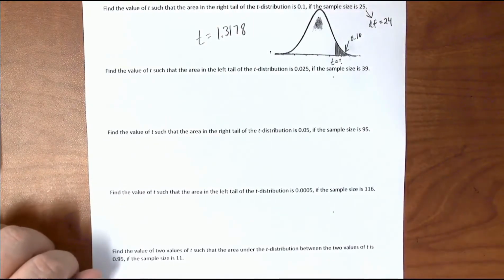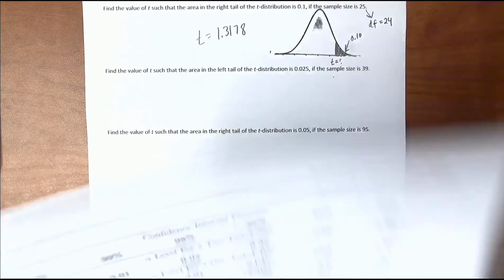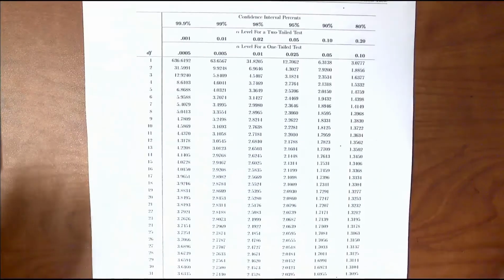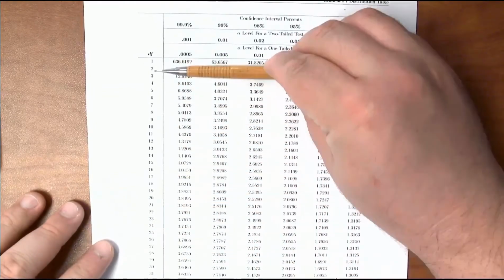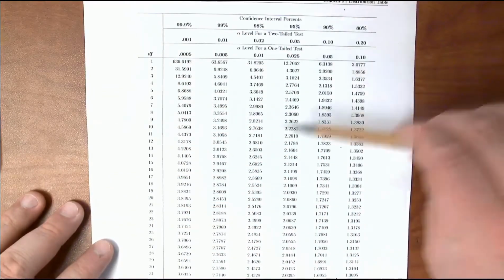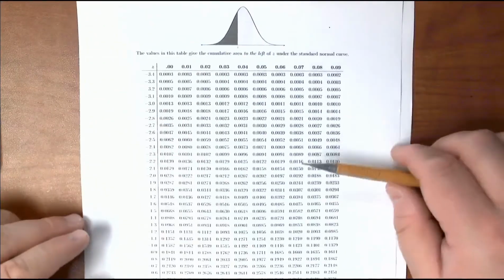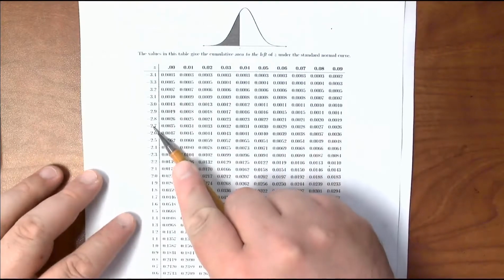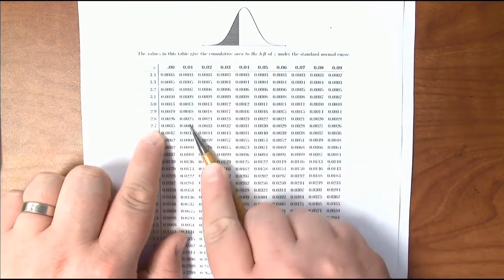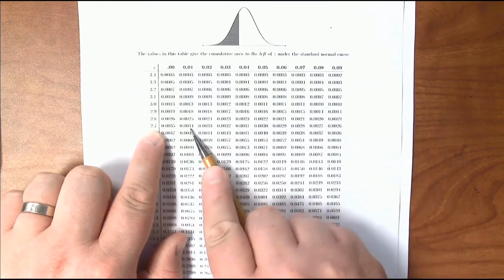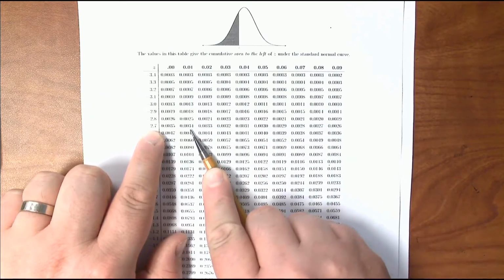Take notice of how this chart is different than the z-table. In the z-table, we looked up z-values using the side of the chart and the top of the chart and found probabilities in the middle. Like if you want to look up z equals negative 2.7, that z value gives you a left tail probability of 0.0034.